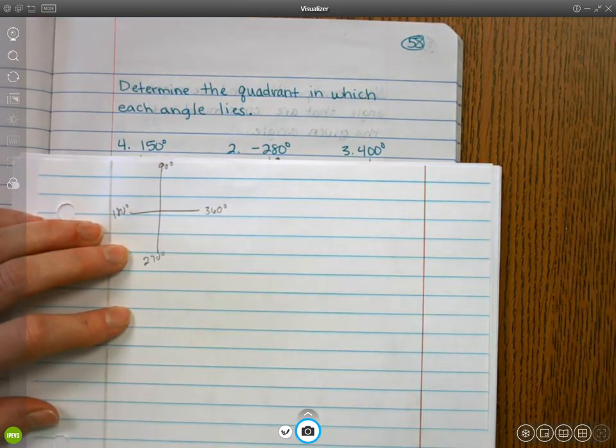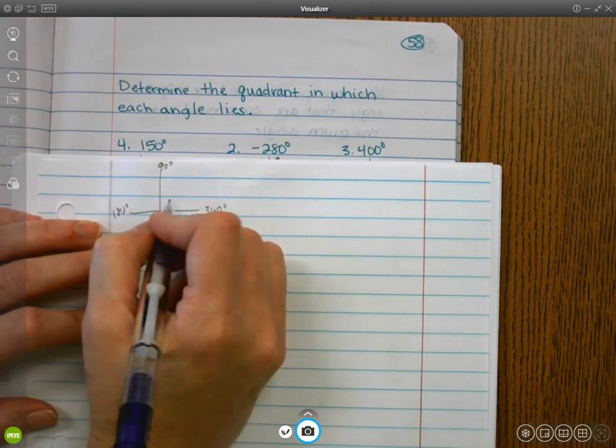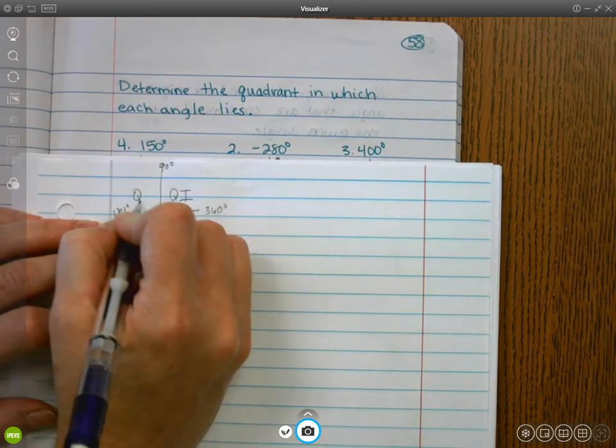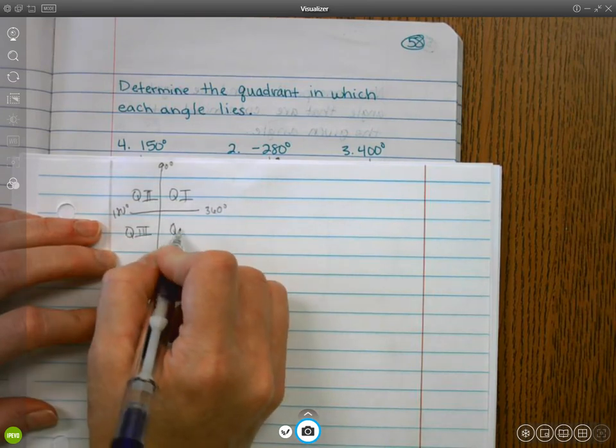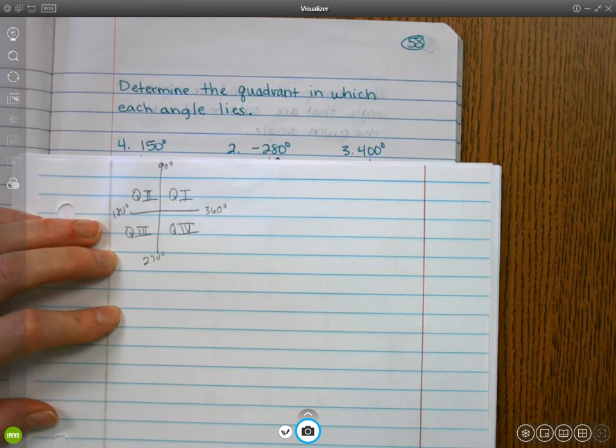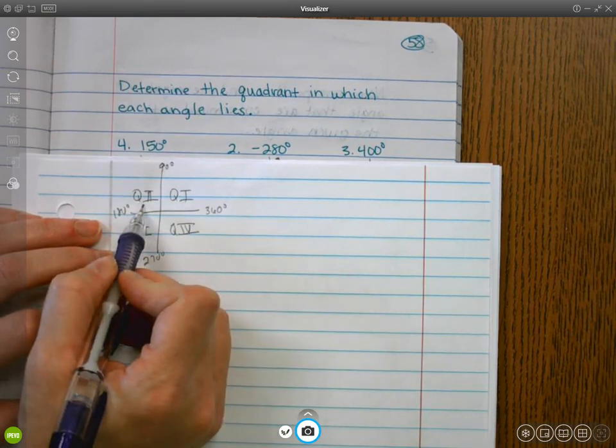So 150 is obviously going to fall in here. So remember, this is quadrant 1, quadrant 2, quadrant 3, quadrant 4. So 150 is going to fall in quadrant 2.